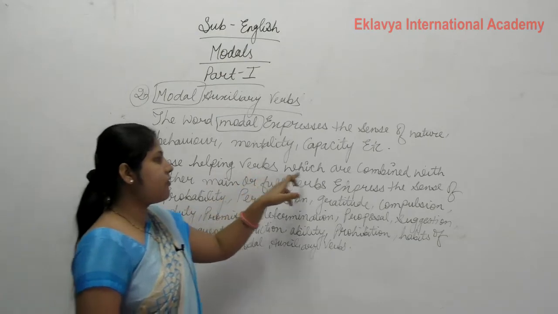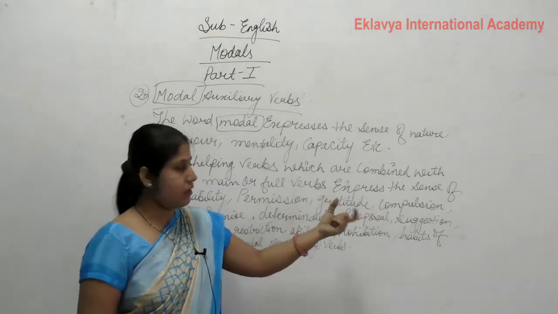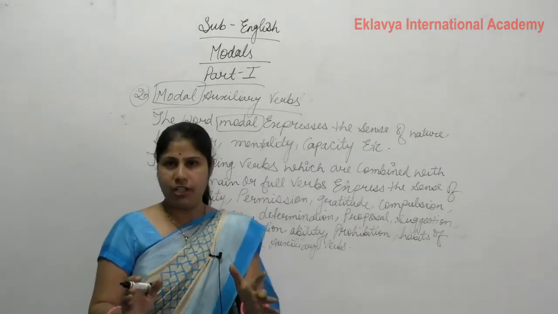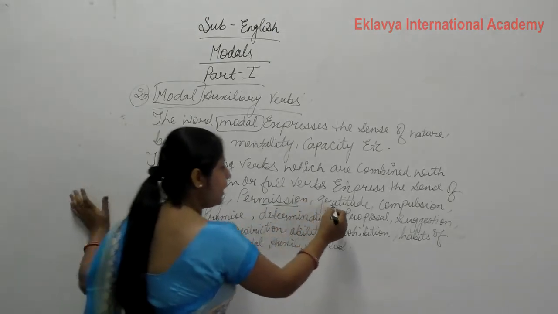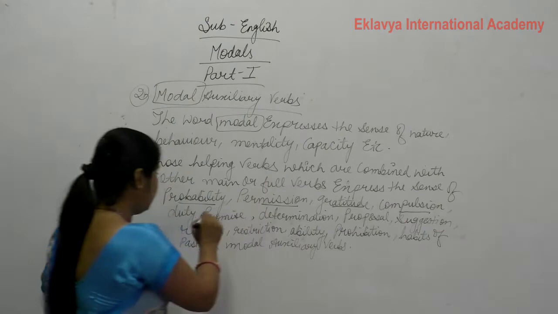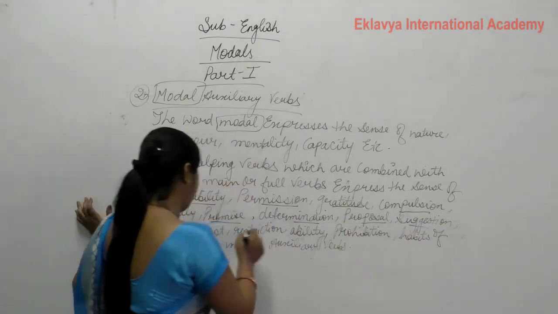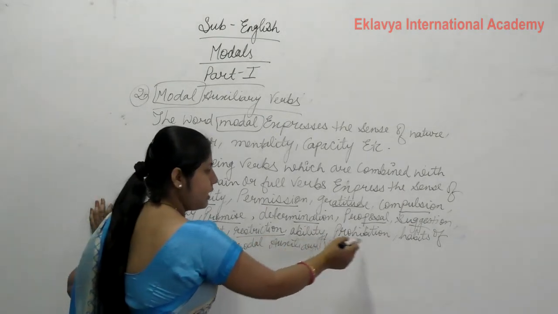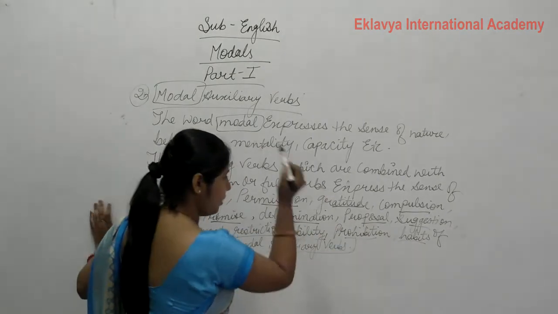Those helping verbs which are combined with other main or full verbs express the sense of probability, permission, gratitude, compulsion, duty, promise, determination, proposal, suggestion, request, restriction, ability, prohibition, habits of past are modal auxiliary verbs.